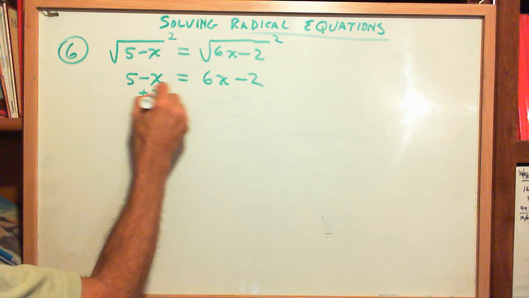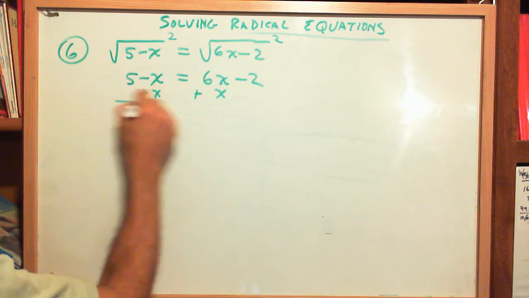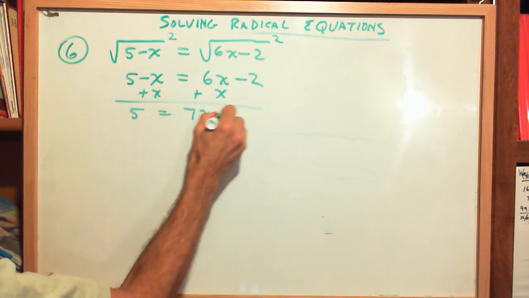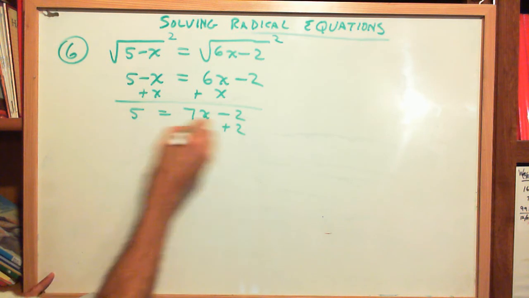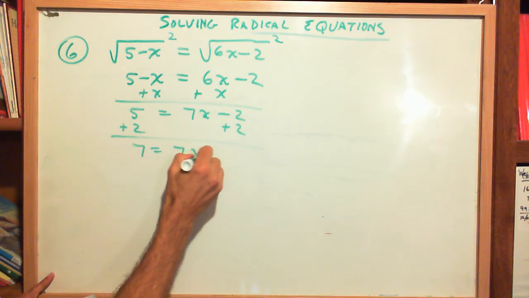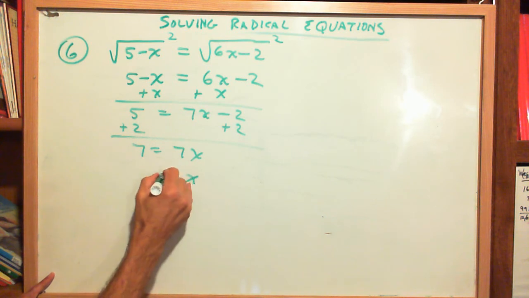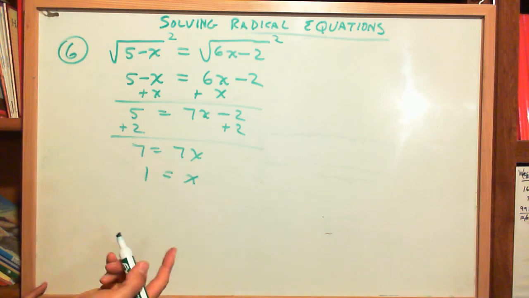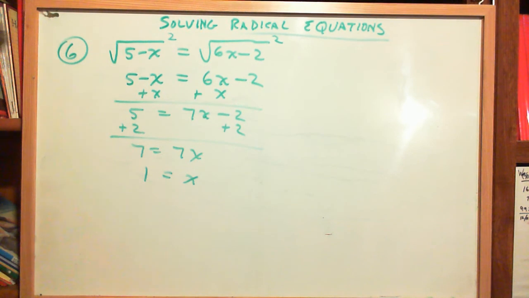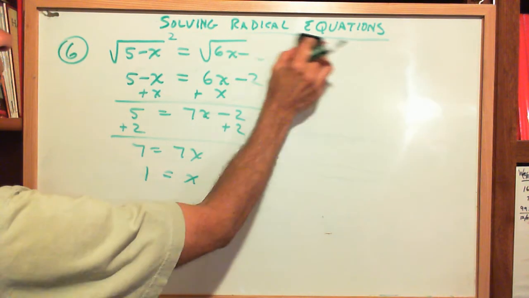I add 1x. I've got 5 equals 7x minus 2. I'm going to add 2. So 7 is equal to 7x. Divide by 7, x is equal to 1. Very, very simple. Now, what if they're not isolated?